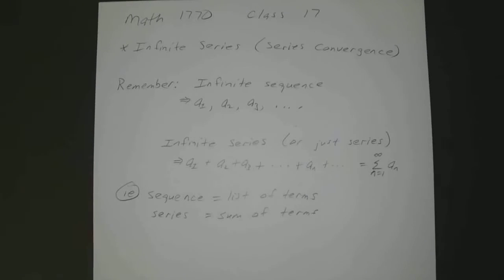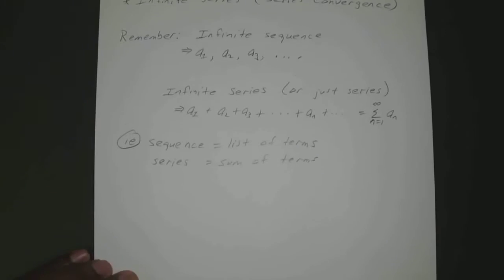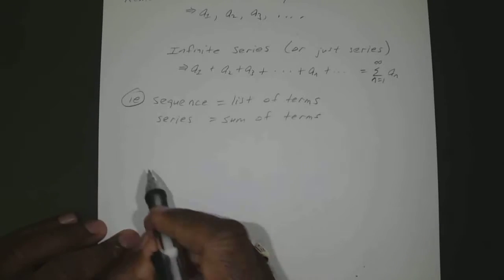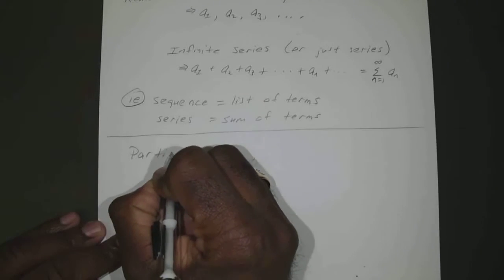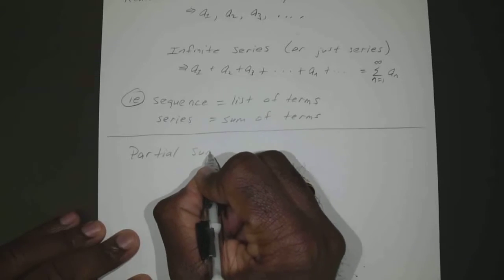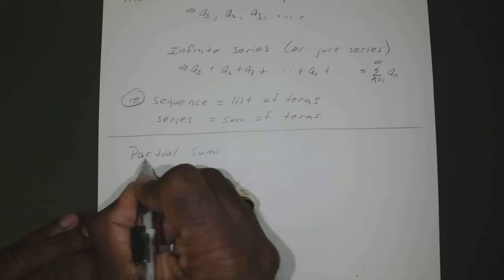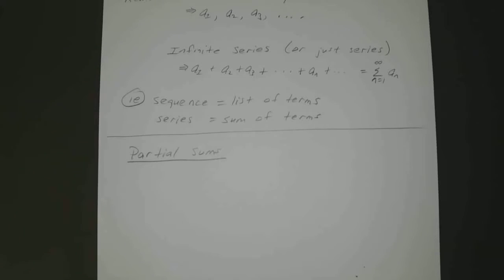Okay, so we're going to look at what they call a partial sum. Okay, so partial sums. It just represents a small portion of the series.